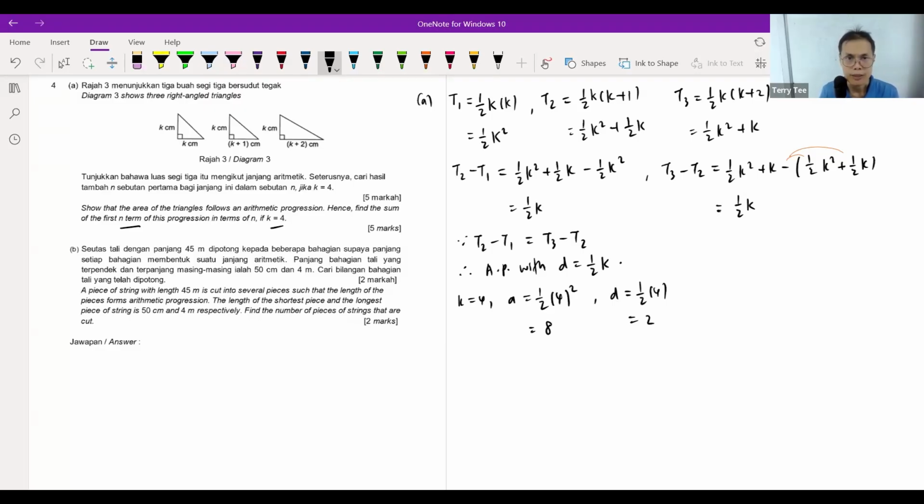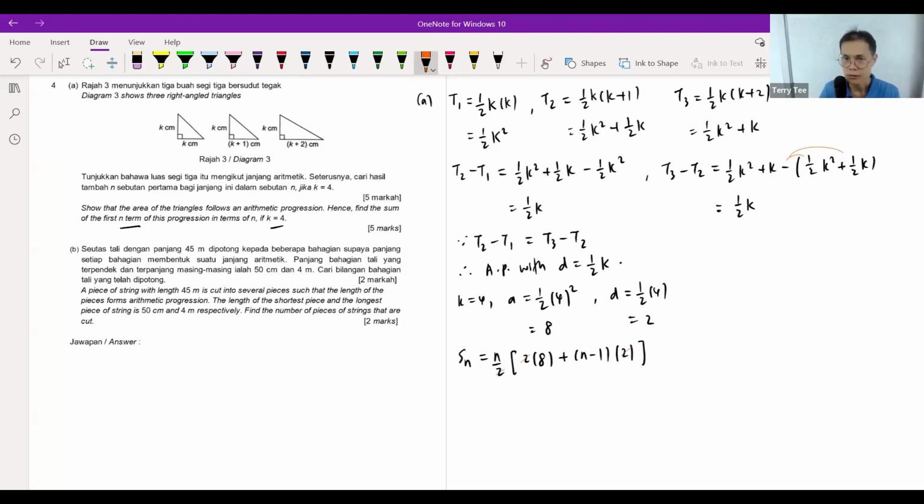And from here on, we need to find the sum of the first n terms. We're finding Sn. The formula will be n over 2 times 2a plus n minus 1 d. My a is 8, d is 2 as well. Now, you can simplify the one inside the bracket first if you want. For me, I can see that the half, I can cancel the 2 here.